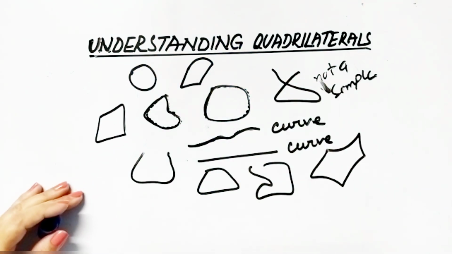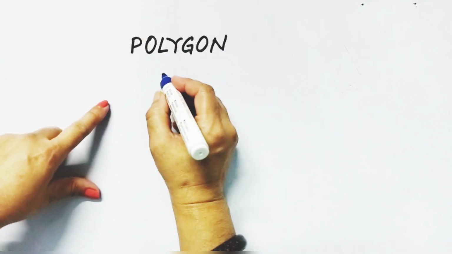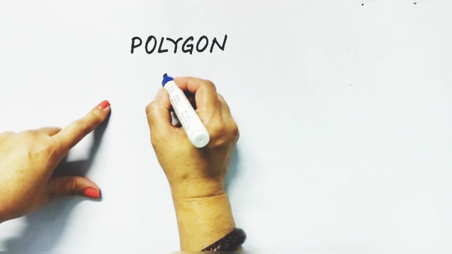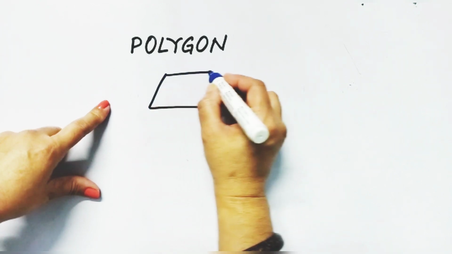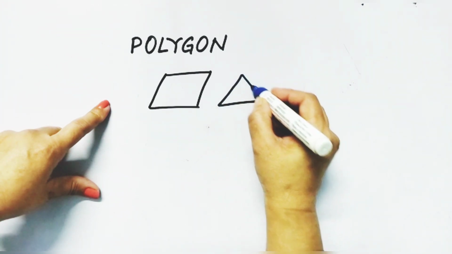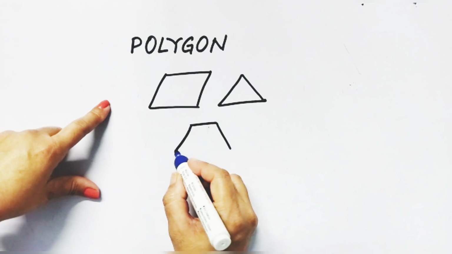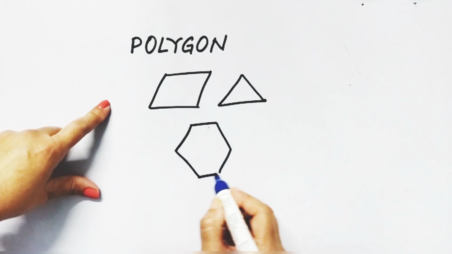Now let us discuss a more specific simple closed curve, which is a polygon. What do we mean by polygon? A polygon is a simple closed curve made up of only line segments. These are simple closed curves made up of only line segments.